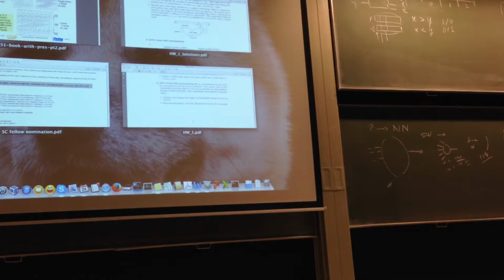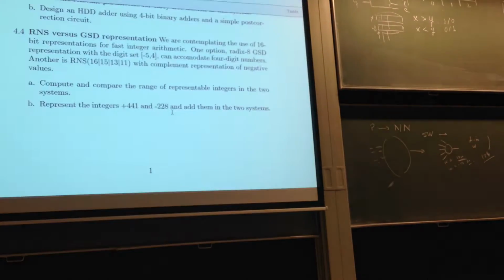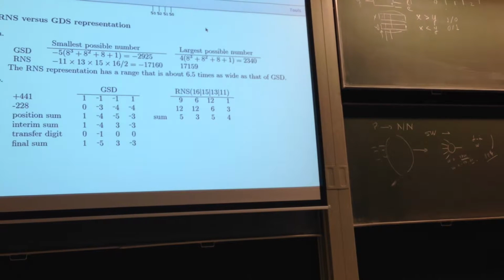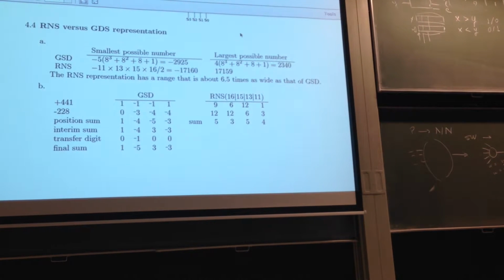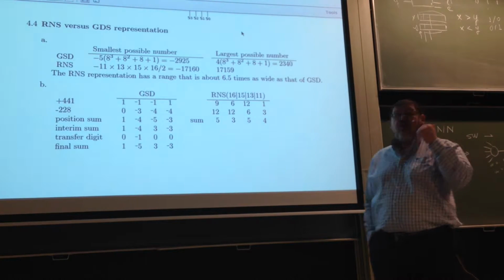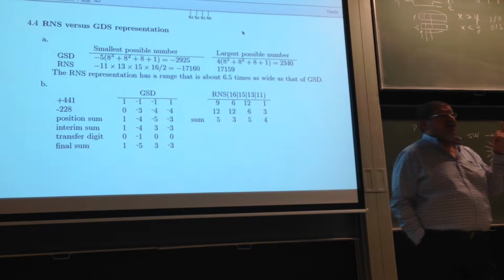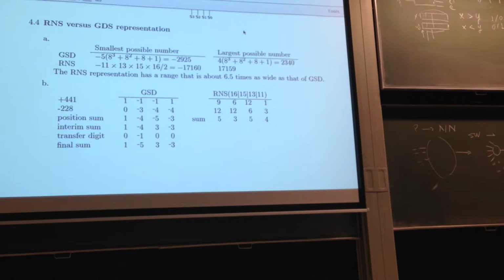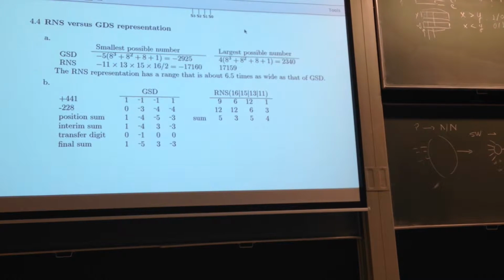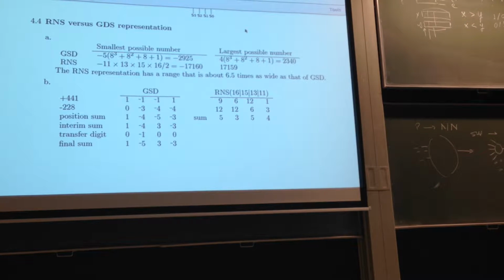This should be in principle a simple question. If I want to compute the smallest number in the signed digit system, I should assume that all the digits are -5, because the dynamic range is -5 to 4.